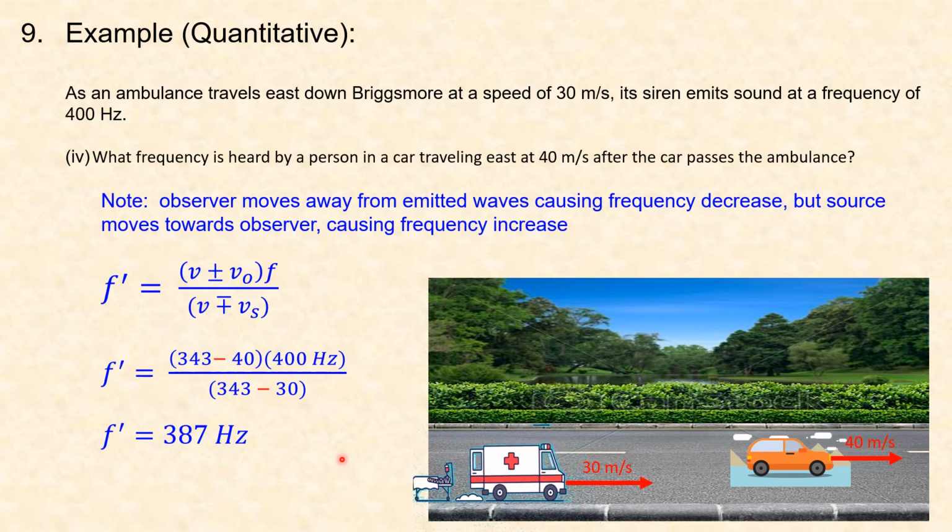So look, folks, I just want to say here that when you are solving these problems, it is important that you get these signs right. And I'll be honest, I'm not going to give credit if you get the signs wrong in the problem, because I don't think that understanding the physics means you have to understand how to choose the correct signs to make the frequency change according to the motion of both source and observer.